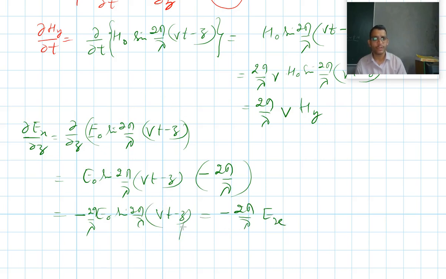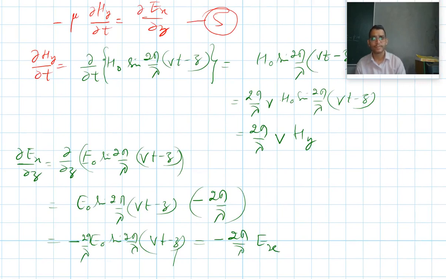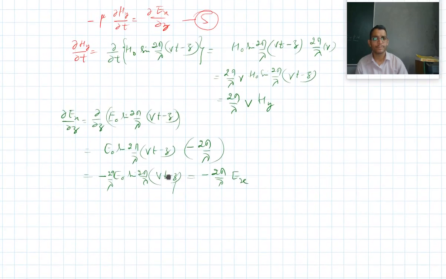If I put these values in equation number 5, then it is minus mu 2 pi by lambda v Hy is equal to minus 2 pi by lambda Ex.